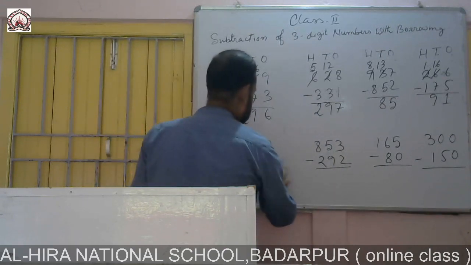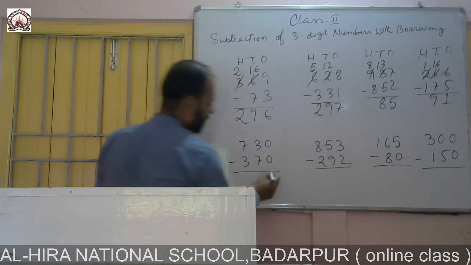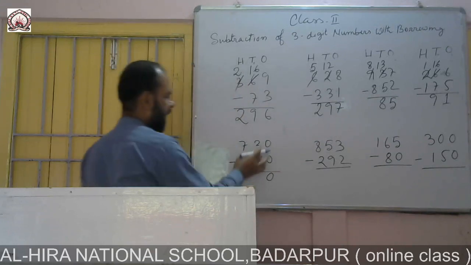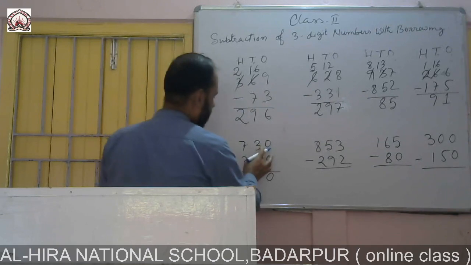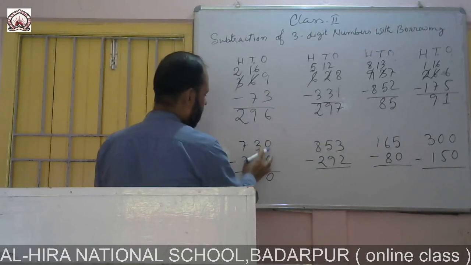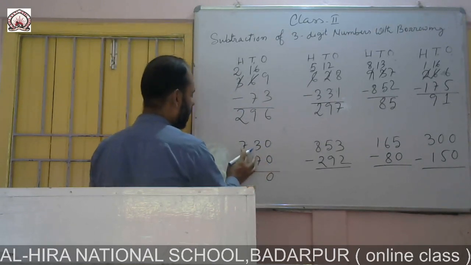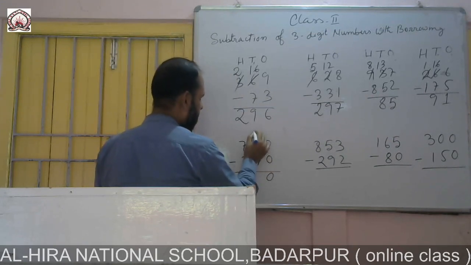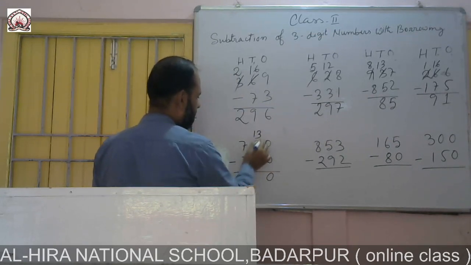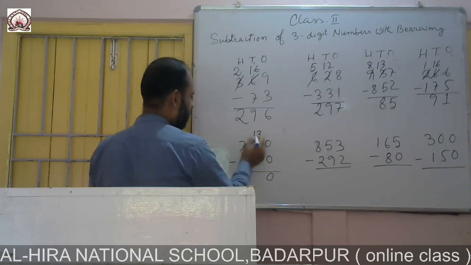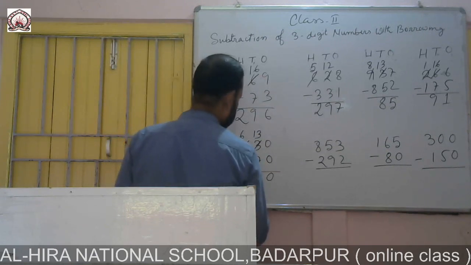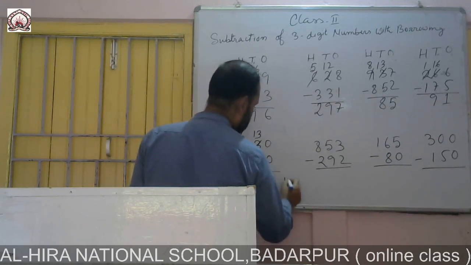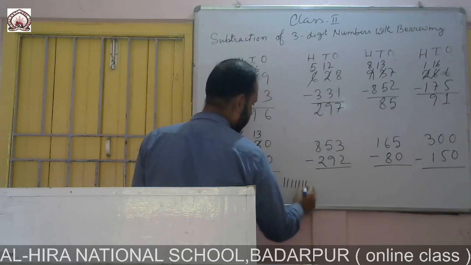So 0 minus 0 is always 0. There remain 3. 3 minus 7 cannot, because 3 is small and 7 is big. We borrow 1 from this 7, then there is 13, and there remain 6. 13 minus 7, we use line 1, 2, 3, 4, 5, 6, 7, 8, 9, 10, 11, 12, 13.